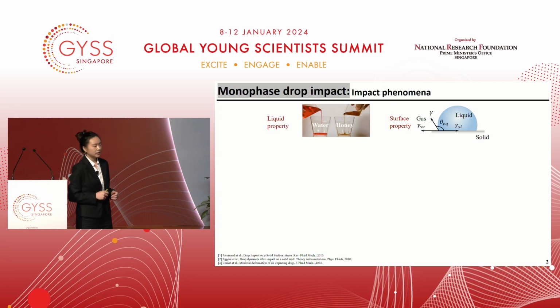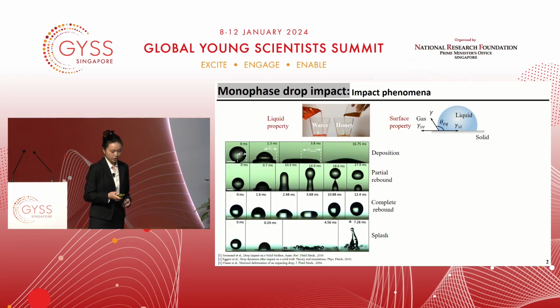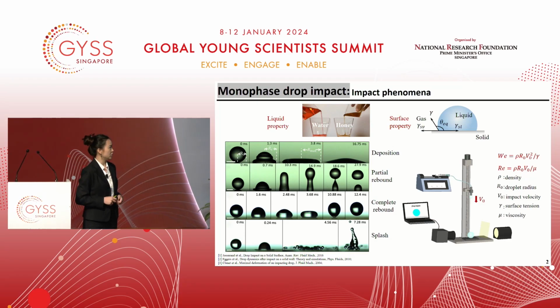Drop impact is determined by liquid properties and surface properties. According to different impact conditions, different phenomena may occur, such as deposition, partial rebound, complete rebound, and splash. In general, we use 2 non-dimensional parameters to characterize the impact conditions, the Weber number and the Reynolds number.